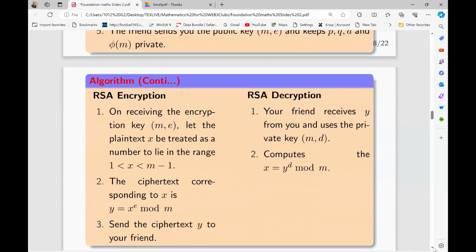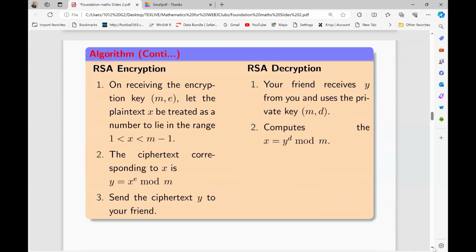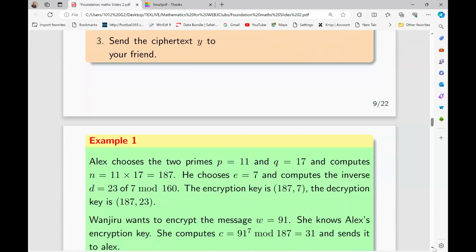So this is just the explanation of how you encrypt and how you decrypt. I've already explained that. Now the example is here.